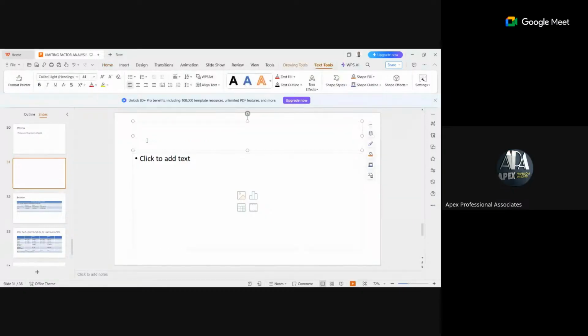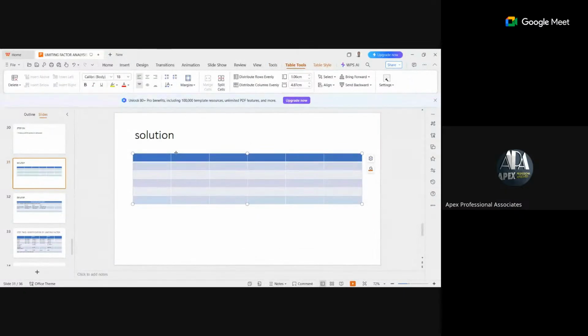So we have it. We'll go with this solution. Let's present this in a table. Step 1, we need to calculate the number of units for each product. That will be the step 1. We need to know the number of units for each product. So let's present it in this form.